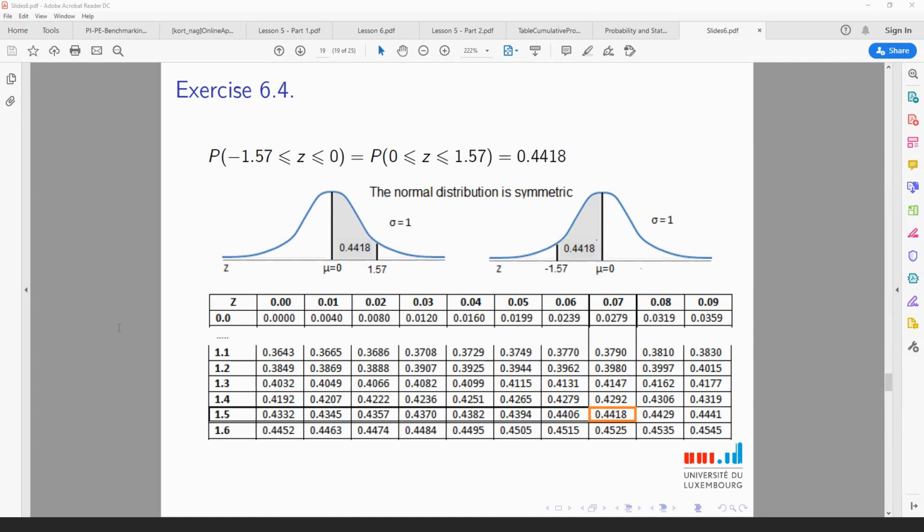When you calculate the area, it's always positive because it's an area, and the probability is always positive.